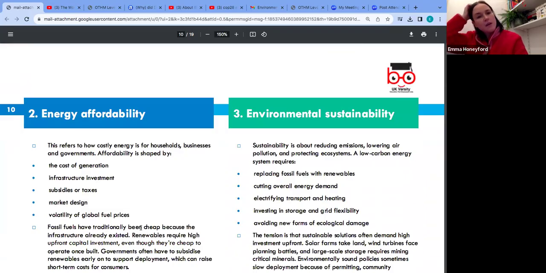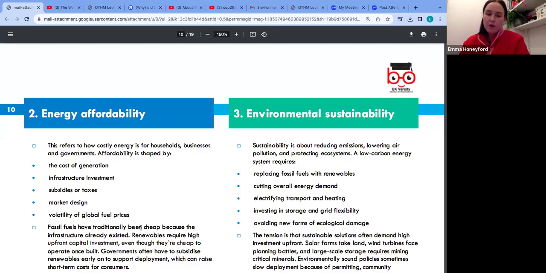Okay, so the next section of the energy trilemma triangle is energy affordability. This is something countries do have to consider. This refers to how costly energy is for households, businesses and governments, and affordability is shaped by the cost of generation, infrastructure investments, subsidies or taxes.